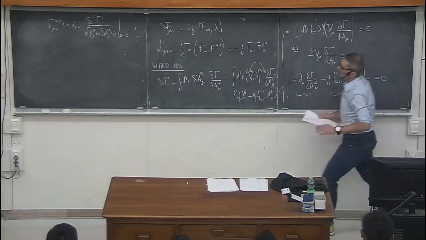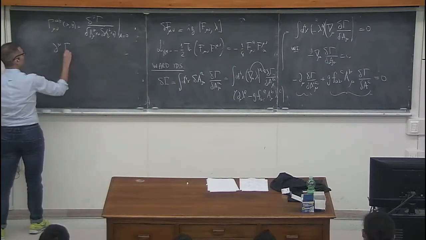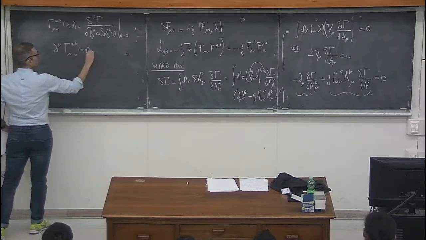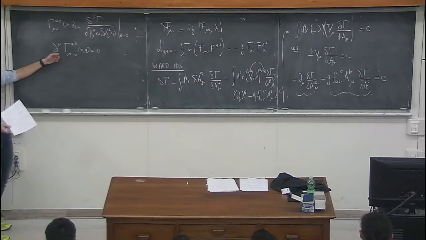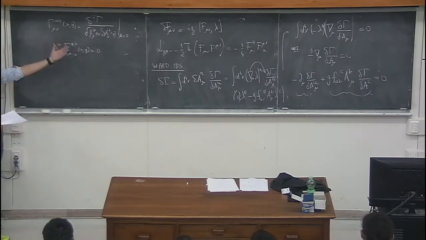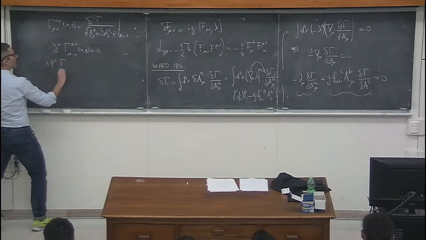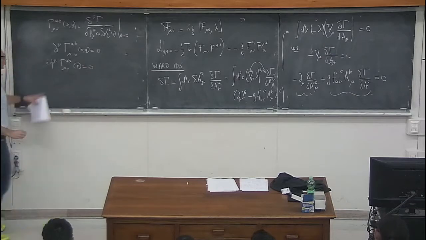So therefore, the Ward identity for the two-point function is exactly the same, ∂_μ Γ^{μν}_{ab}(x,y) equals 0. It's just the same Ward identity for the two-point function as in the Maxwell theory. If you translate into momentum space, this becomes i p_μ Γ^{μν}_{ab}(p) equals 0.